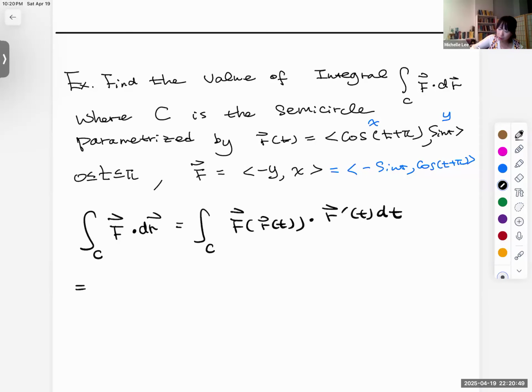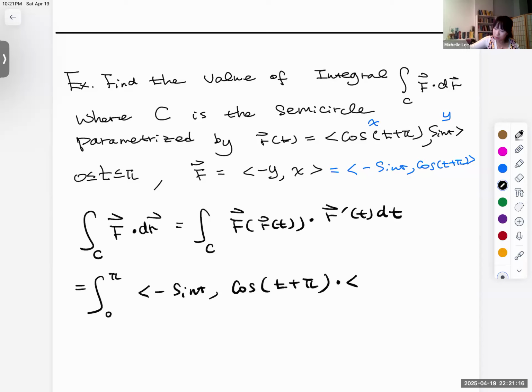So we change that, then the limit will be 0 to pi, same as earlier. And then there is negative sine t, cosine t plus pi, and dot product with, what's the derivative of cosine t plus pi?